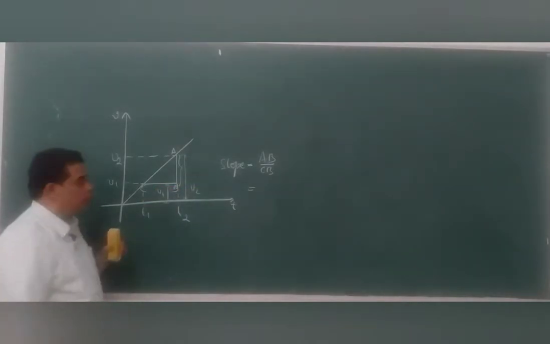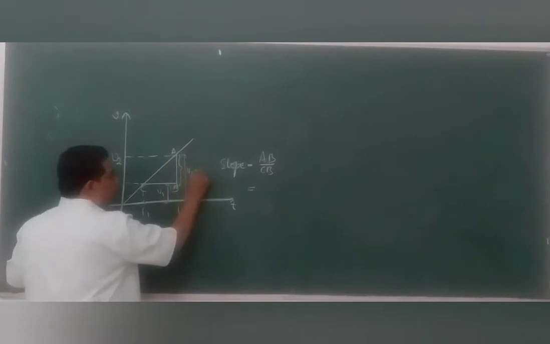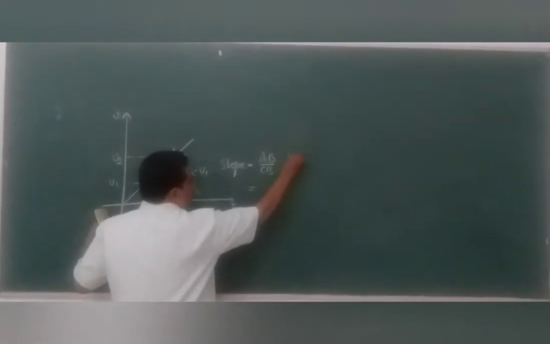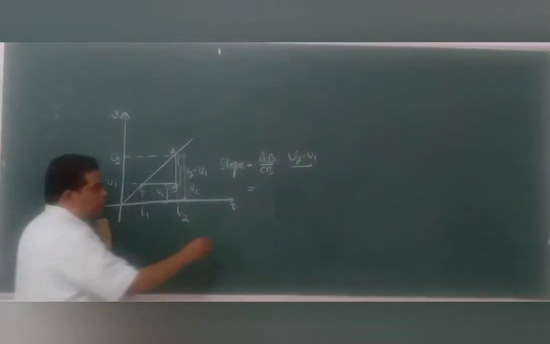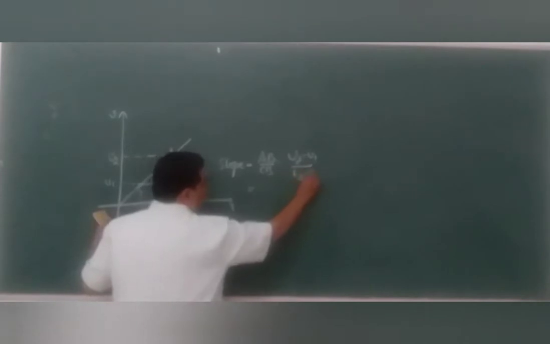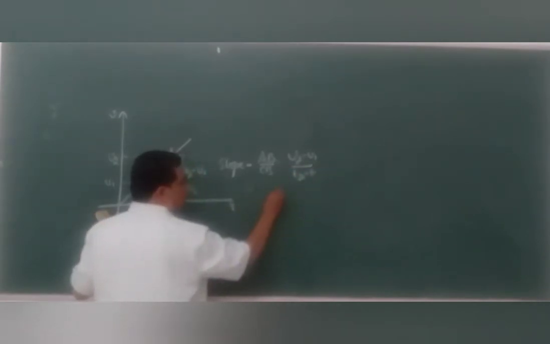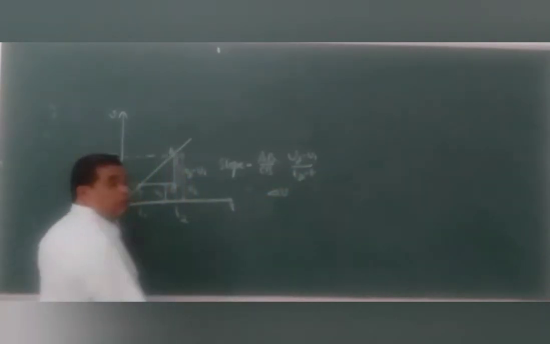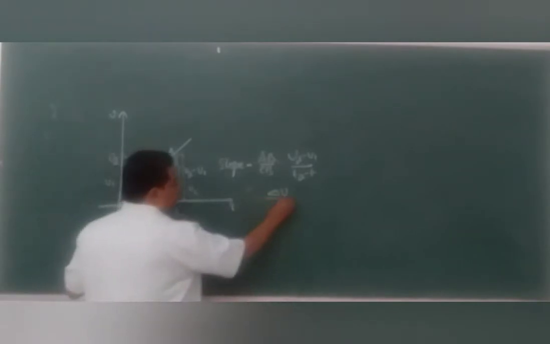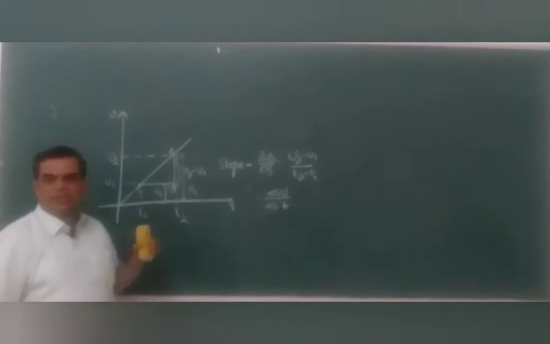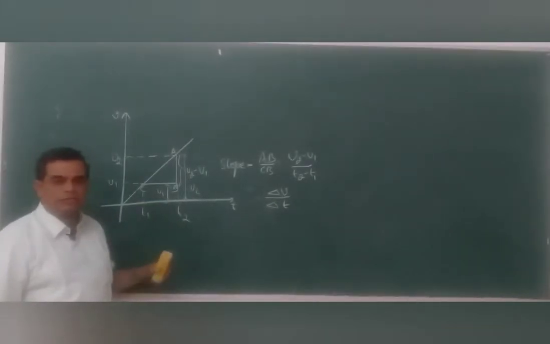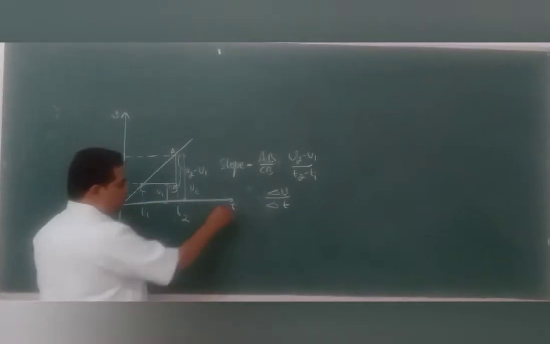What is AB? V2 minus V1. Therefore, it is V2 minus V1 divided by CB, T2 minus T1. Therefore, observe, I can write the numerator as the change in velocity, delta V, and the denominator as the change in time, delta T. So what is this quantity? Can you recognize it at this moment? What is this? Just try.